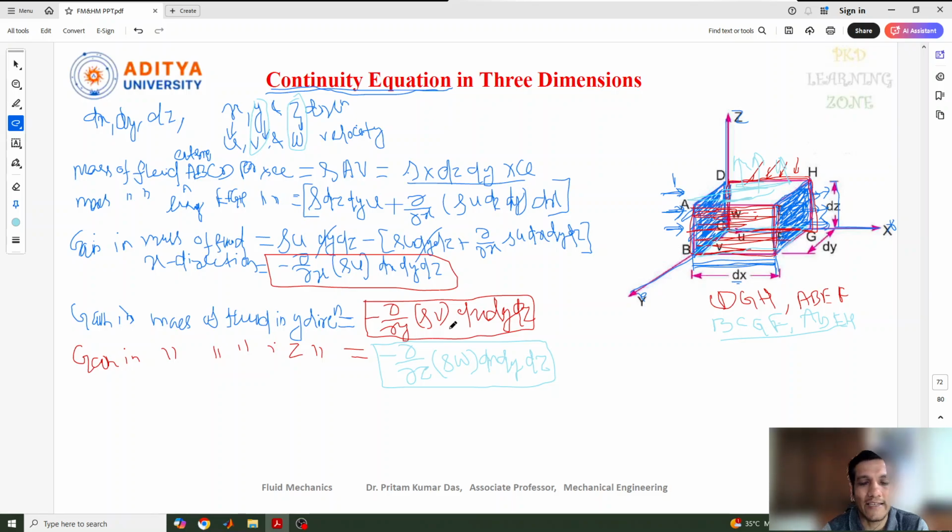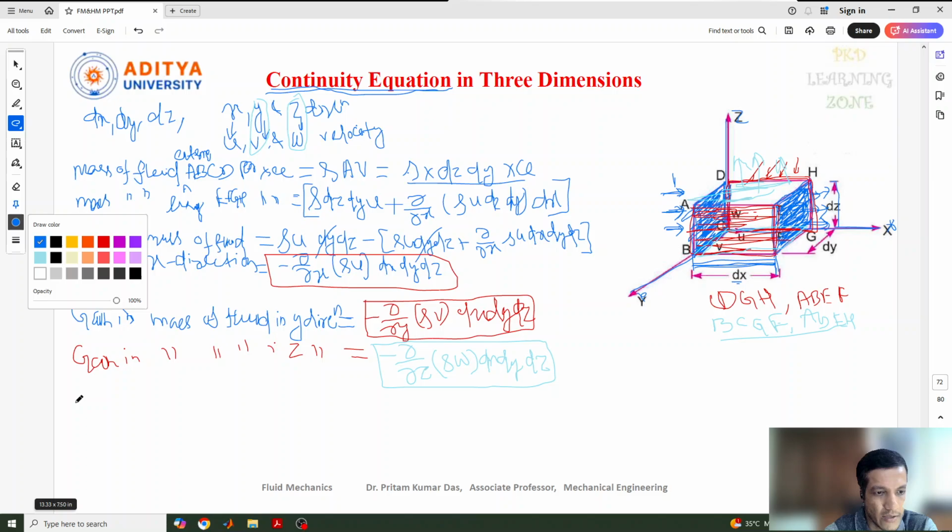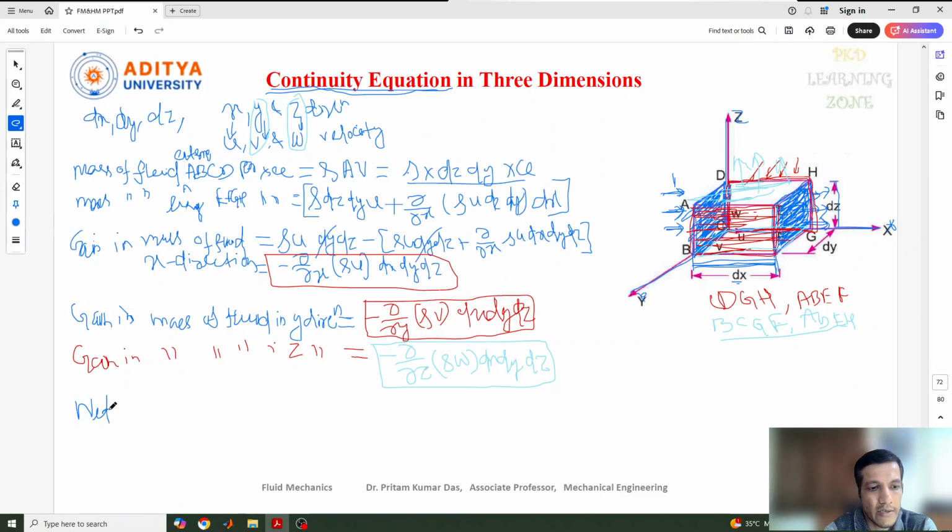Okay, so these are the three equations for the gain in mass of fluid in all these three directions. So next what we'll find out is the net gain of masses. What is the net gain of masses? Net gain in masses is nothing but if you just add all these three things, then we'll get the form.